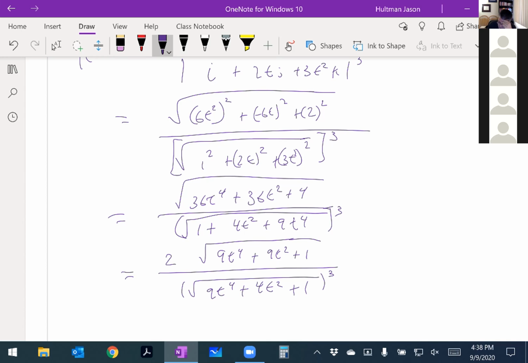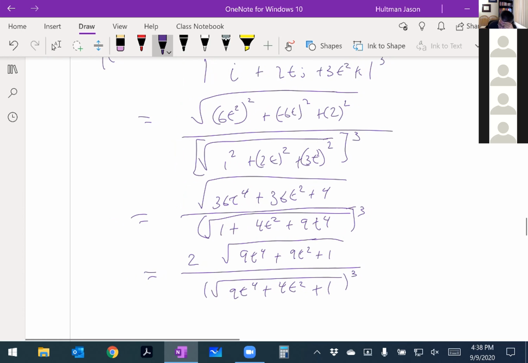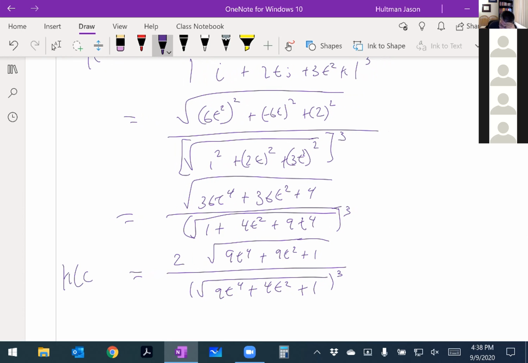Because they're not identical. However, this is kappa of t, right? This is the curvature at time t, or at position t. And for what value of t are we looking? Well, we're looking for the curvature at time 0, when the parameter is equal to 0.